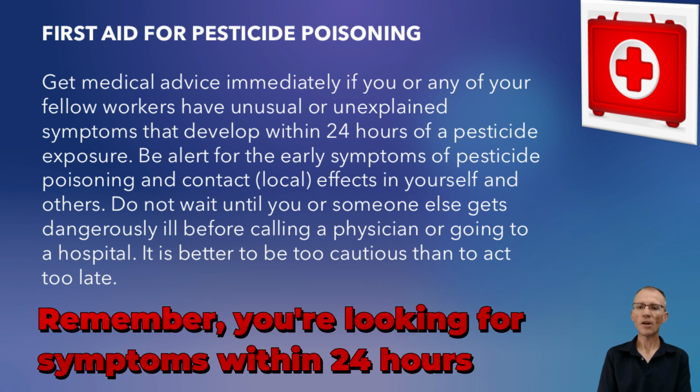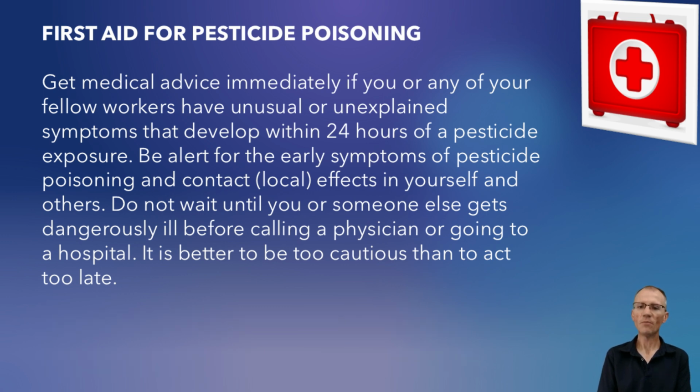Be alert for the early symptoms of pesticide poisoning and contact or local effects in yourself and others. Do not wait until you or someone else gets dangerously ill before calling a physician or going to a hospital. It is better to be too cautious than to act too late.